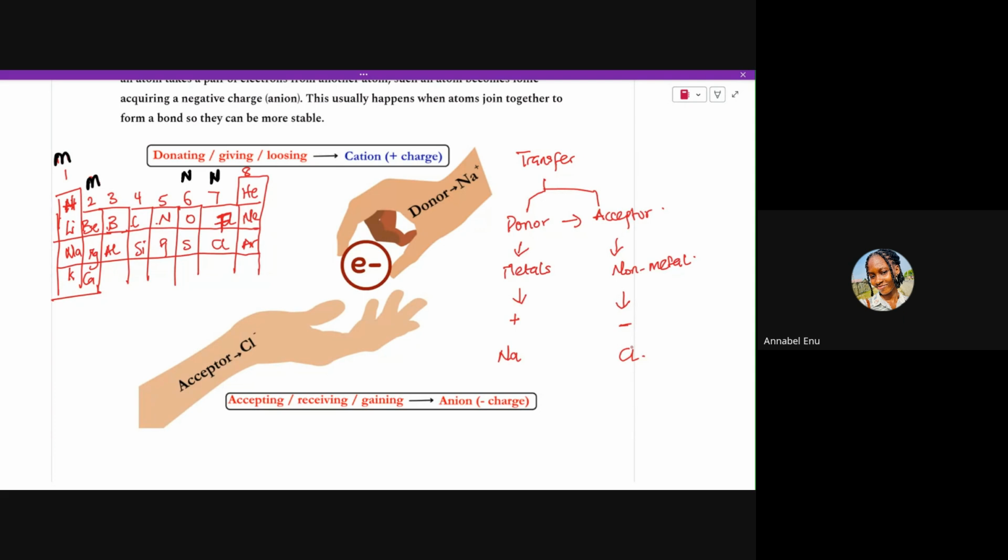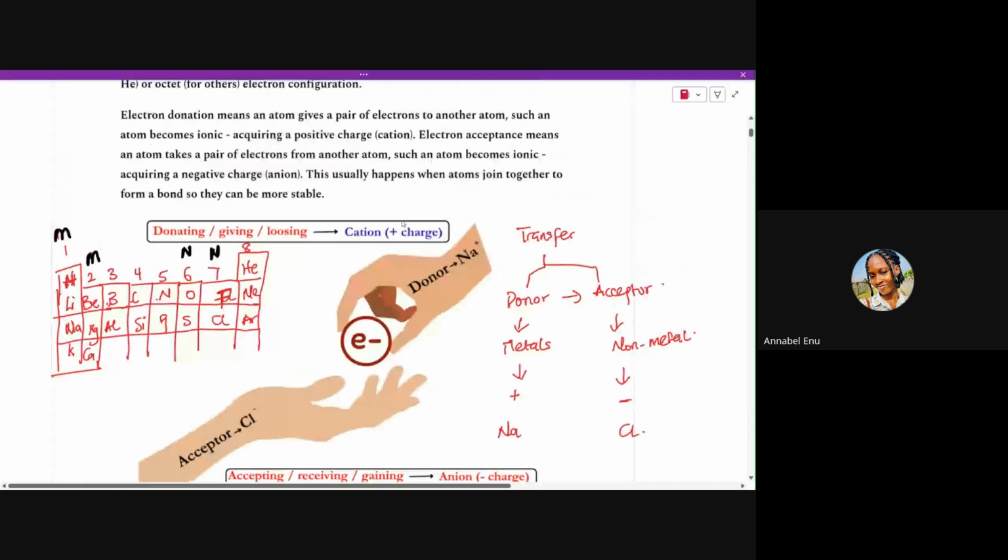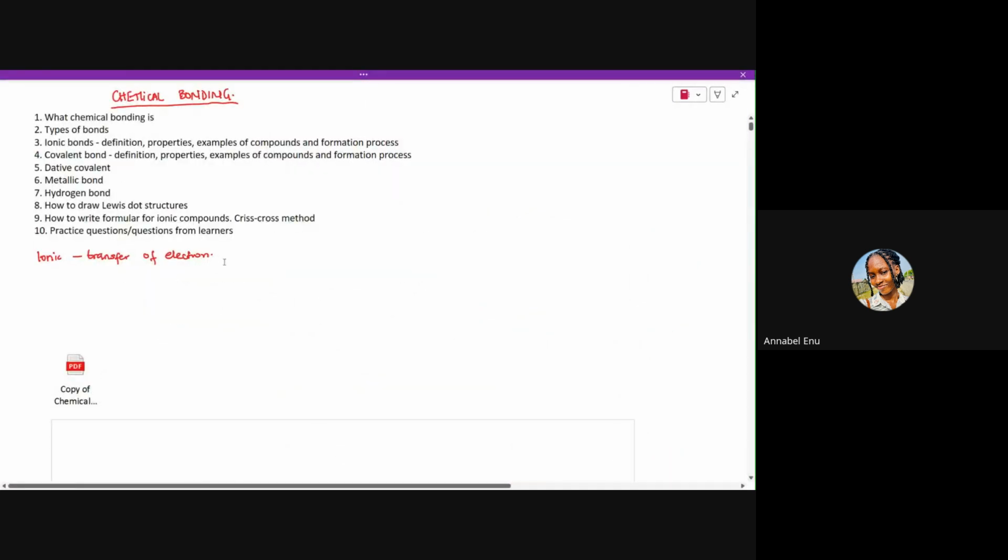Because it has to do with transfer of electron from a metal to a non-metal. That is one key thing again that we can note about ionic bonding. Here I wrote that it involves transfer of electron, and it also involves going from metal to non-metal.